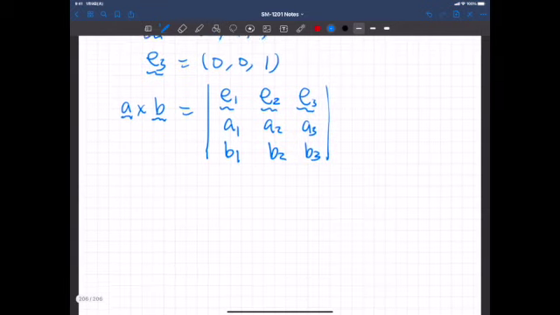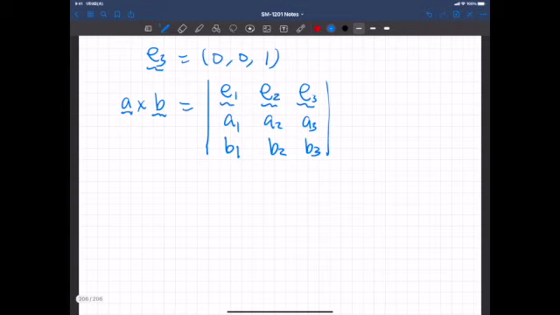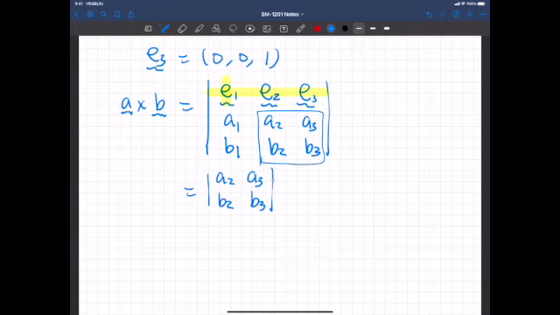So how do you calculate the determinant? Take the first row, first pick E1, then the remaining part is A2, A3, B2, B3, times E1.